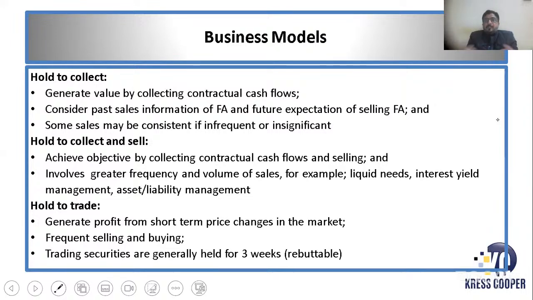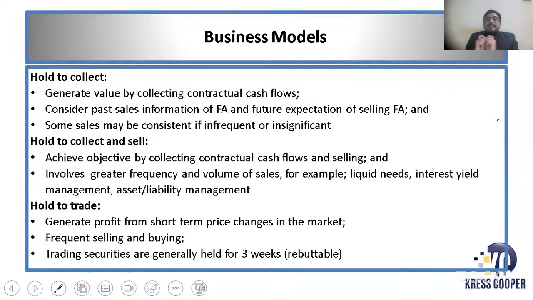Okay, as we have just discussed an example, that at maturity the bank asks for the premium to pay. So that is again based on a contract. So hold to collect. Remember, this is a business model. This is not something associated to an individual investment. When we say business model, keep supposedly a bank in your mind. What is the business model of a bank?